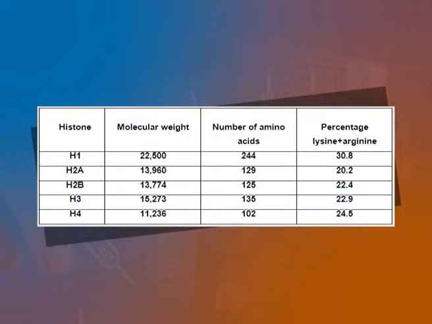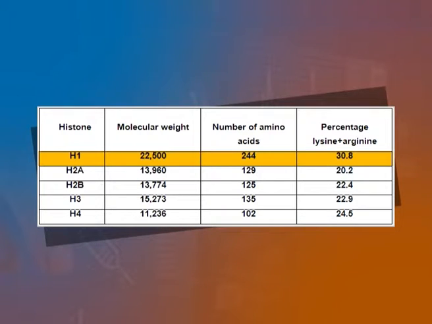The positive residues interact with DNA by forming salt bridges with the negatively charged DNA backbone, while the tails are targets for post-translational modification and facilitate nucleosome-nucleosome interactions and interactions with other chromatin proteins. In this table, you can see the various types of histones, the molecular weight and the number of amino acid residues present in each of these histones.